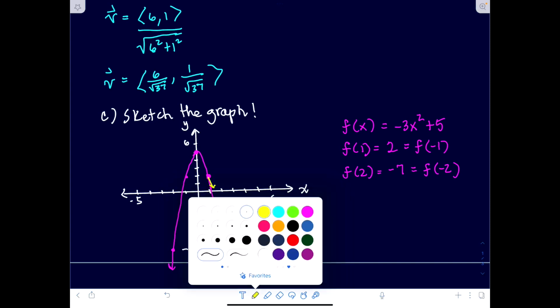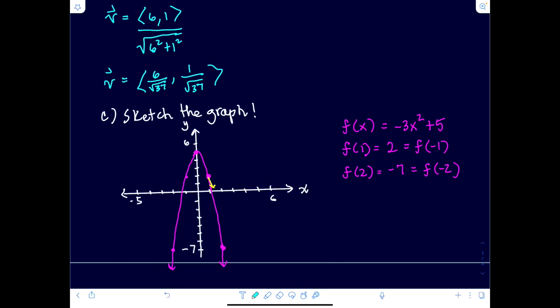And then v is going to look something like this, a little shorter, I think. And there you have it.